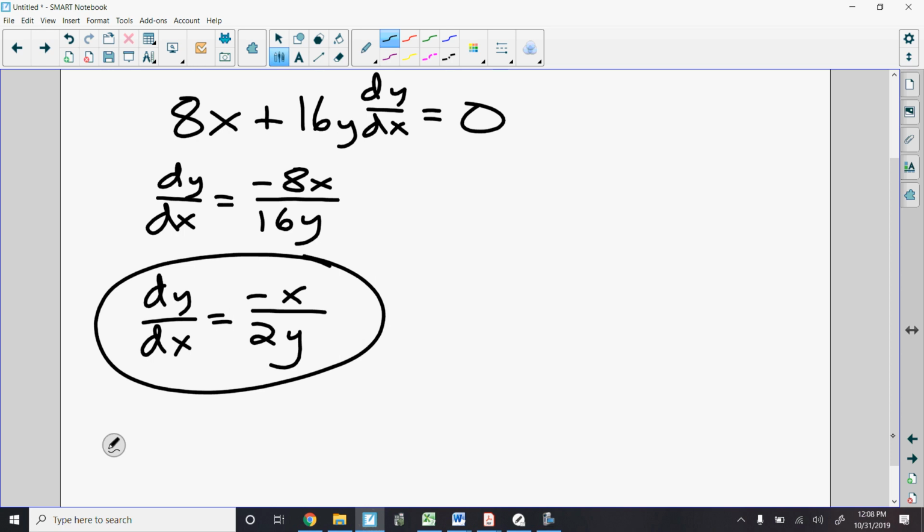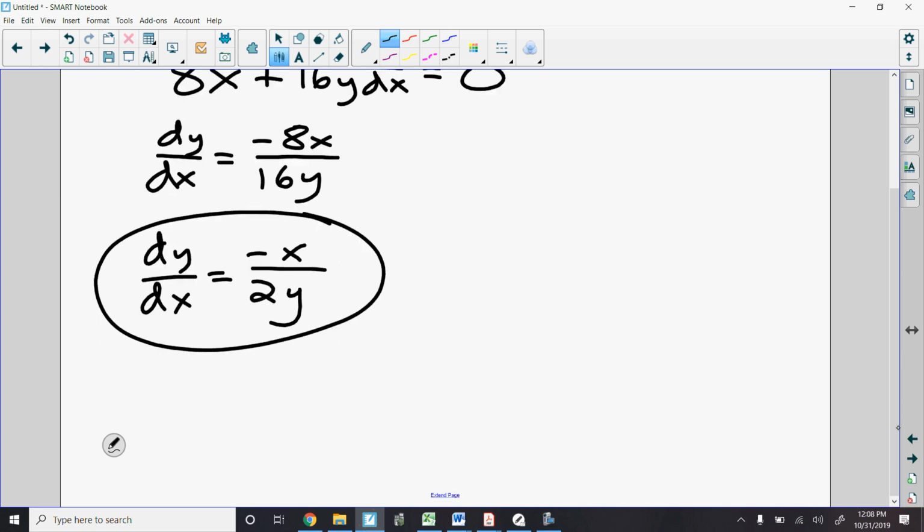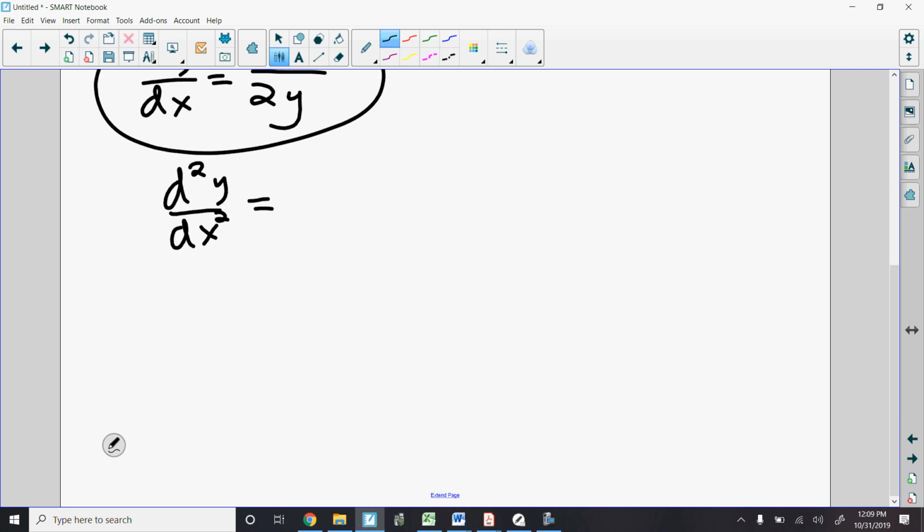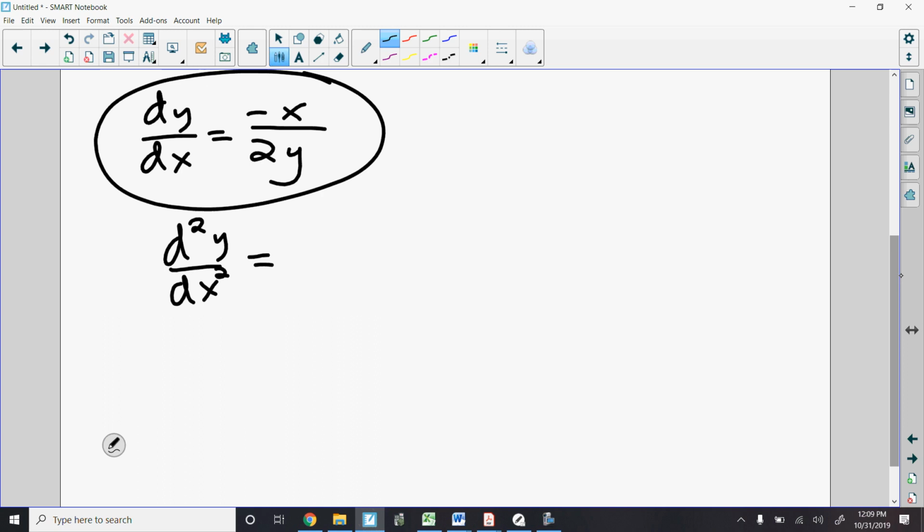Next, I'm going to do the derivative of both sides again to get the second derivative. The derivative of dy/dx is our second derivative, d squared y over dx squared. But the derivative on this side is going to be a quotient rule. So I'm going to do the derivative of the top, which is negative 1, times the bottom, which is 2y.